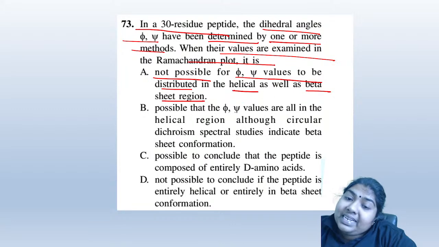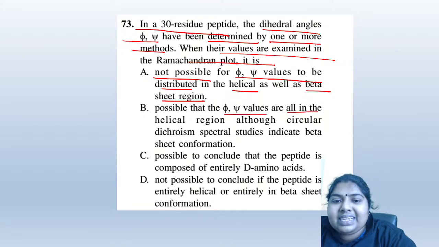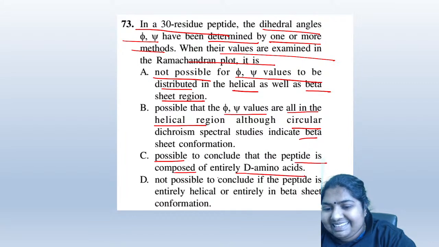It is possible that the phi and psi values are all in the helical region, although the CD spectrum is showing that they have a beta. Possible to conclude that the peptide is composed of entirely D amino acid. It is not possible to conclude if the peptide is helical or in beta sheet, which is correct.